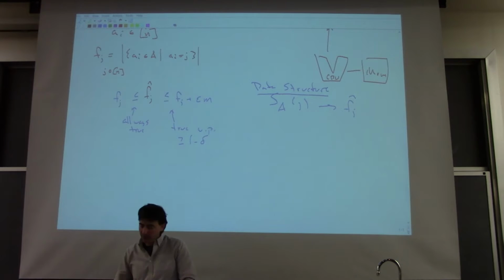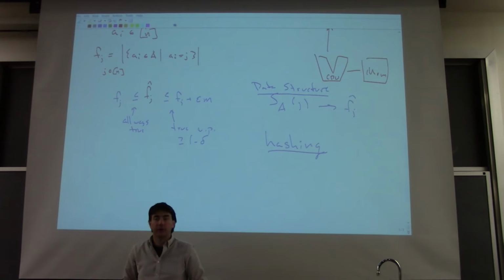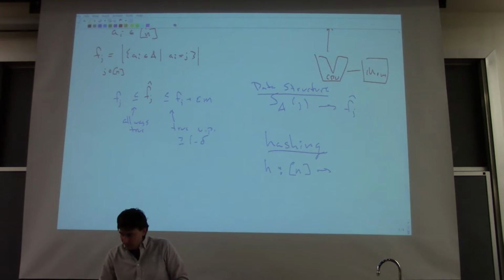All right, and so the trick we're going to focus on today that's going to make this work, which we did not use on Monday, is going to be hashing. Right, so our old friend hashing from earlier in the course. Just to remember, a hash function is a deterministic function that goes from n to a smaller set k.